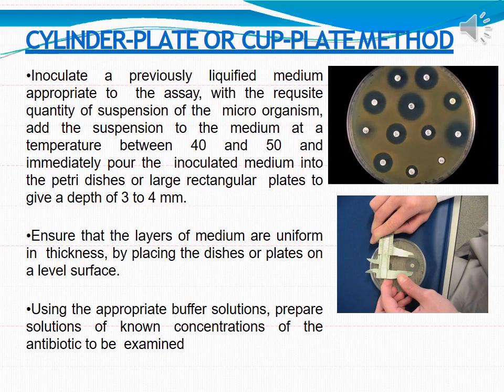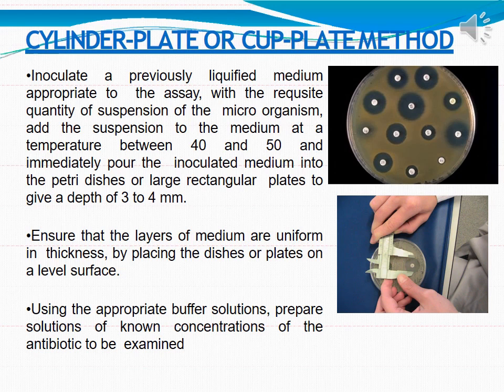Now I'll tell you the entire procedure. Initially we take the petri dish and keep it in an autoclave for sterilization. Now we remove the petri dish and take it into the aseptic area.